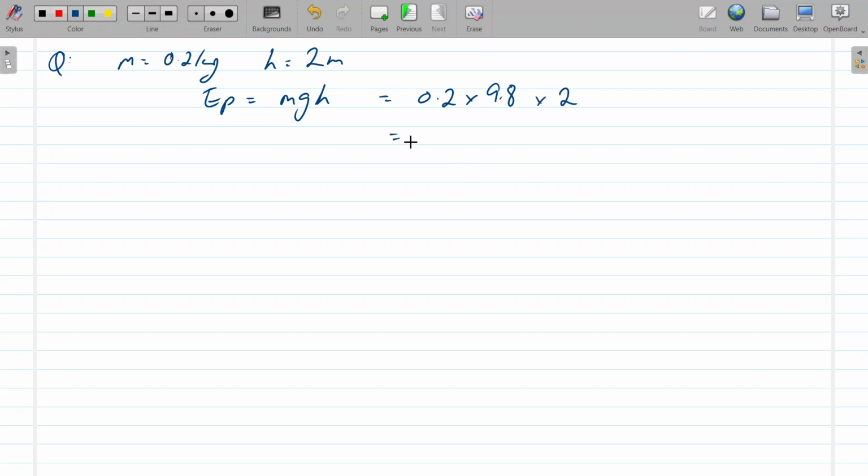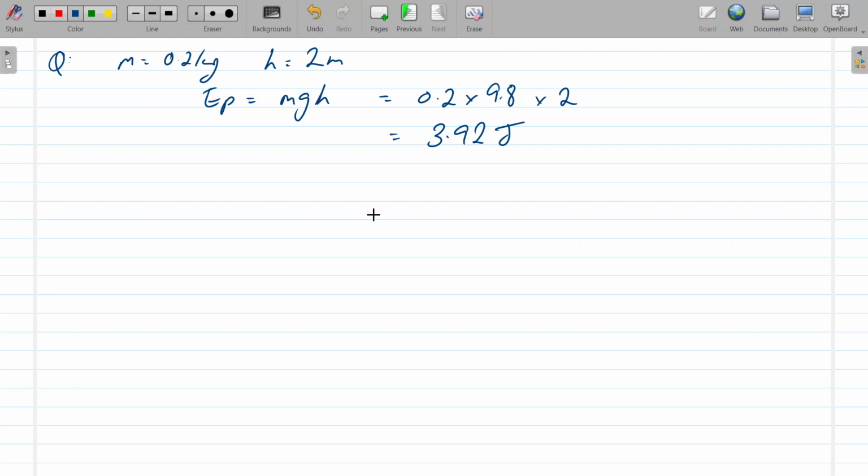So what do we get? Simple multiplication. We get 3.92. 3.92, yeah. And so that is the gravitational potential energy of this mass.